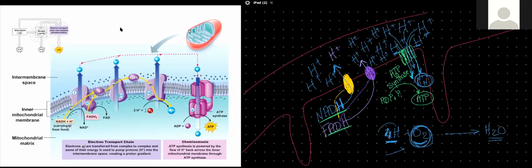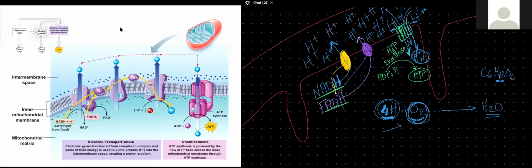So each 4 hydrogens that you did have, and how many 4 hydrogens did I have in my glucose, remember, it's C6H12O6. So how many hydrogens? 12 hydrogens. How many 4 hydrogens did you have? Anybody still here with me? 3.